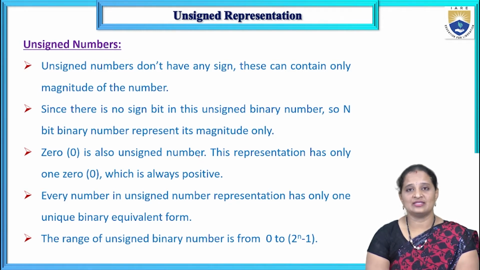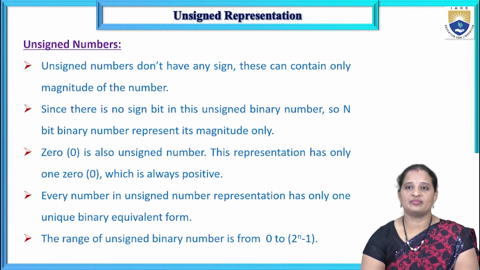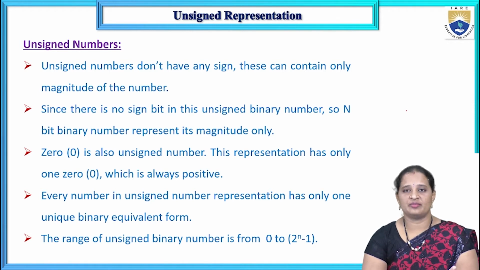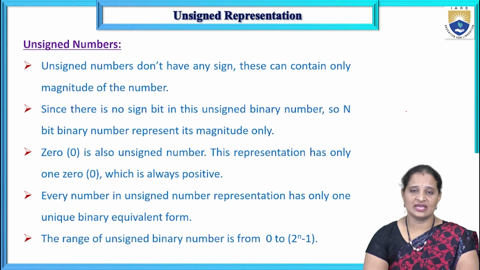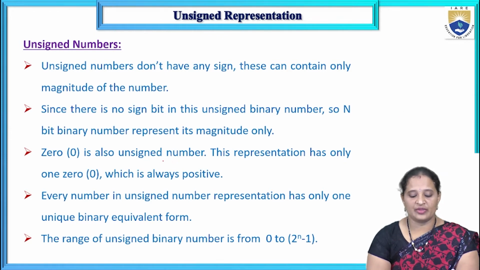That means in unsigned representation, 0 can be represented with only one representation, that is there is no negative 0, because in unsigned representation all numbers are considered to be positive. So we have only positive 0, we don't have any negative 0, because in unsigned representation we don't represent negative numbers. And every number in unsigned representation has only one unique binary equivalent form.